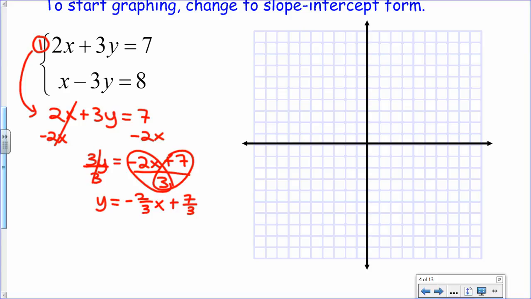So my y-intercept is where I start. So 7/3, I just have to go as close to that value as I can. That would be 2 1/3, so a little over 2. Then negative 2/3 is my slope.